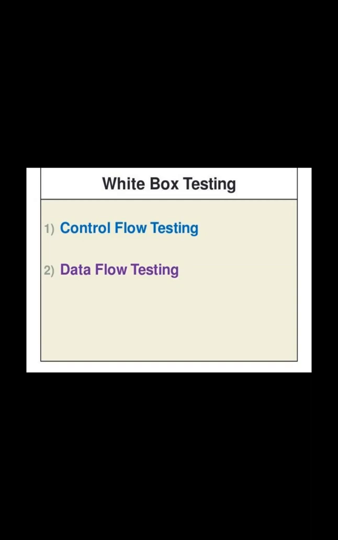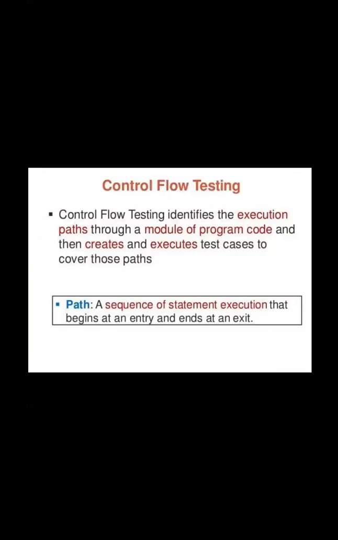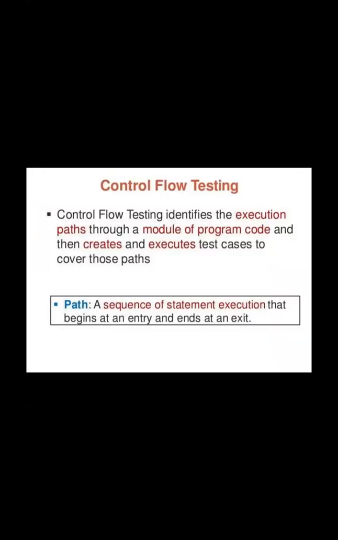And data flow testing means how the data is passed from one statement to another statement. That can be tested by using data flow testing. In control flow testing, what we do is identify the execution path: how the data is passed between the executions through a module of program code, and create and execute test cases to cover those paths.